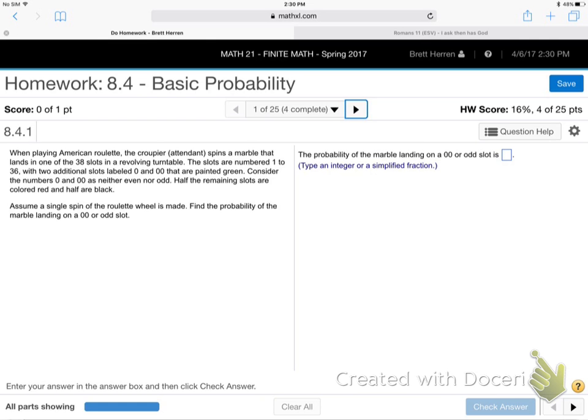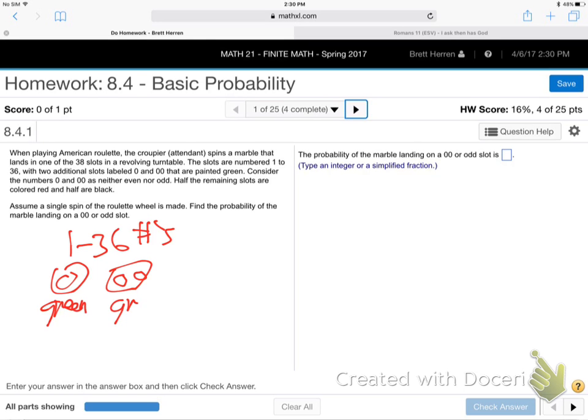Okay, so when you do roulette, the way it works is there's 1 through 36 numbers, and then there's a green 0 and a green 00. So there's 1 through 36 numbers that are even and odd, and half are red, half are black of the 36.